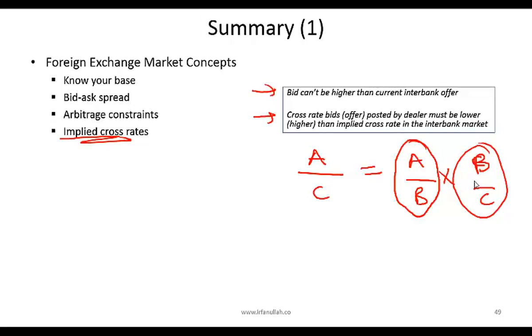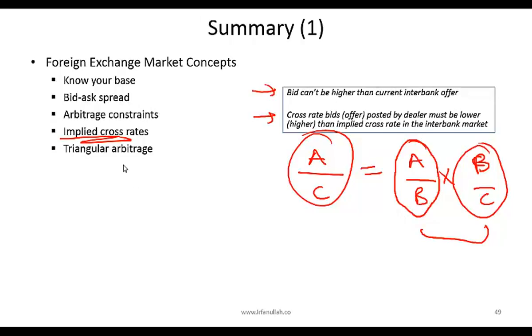When you multiply these two, what are you left with? A over C. So multiplying these two exchange rates gives you the implied A over C rate. So make sure you can do this calculation. We've gone through several examples in this reading.